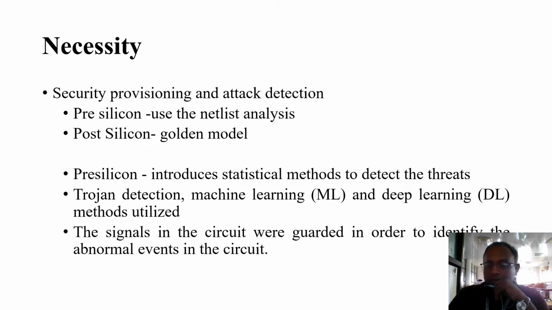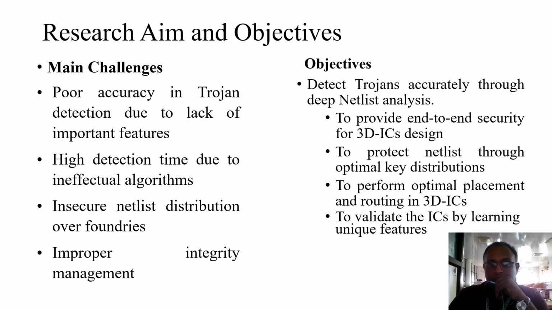But there are certain cases where we have a detection of Trojans. For that purpose, machine learning, deep learning, etc., can be utilized. The signals in the circuit are guarded, so if there are any changes or abnormal events happening, then that can be monitored. So these are some of the necessity part.